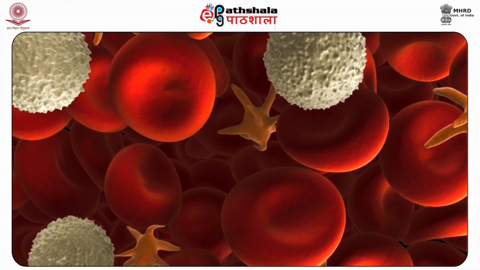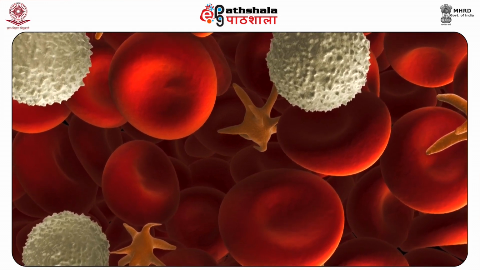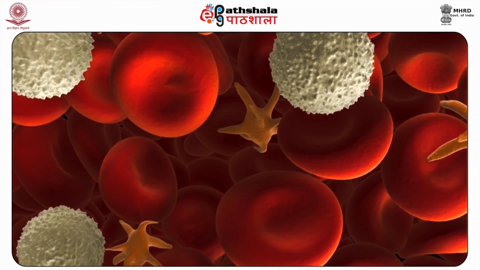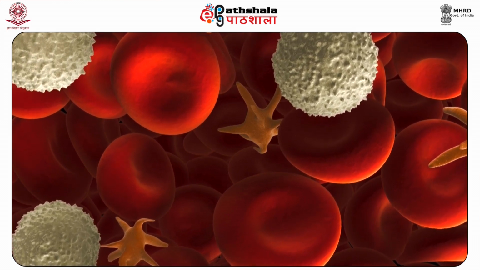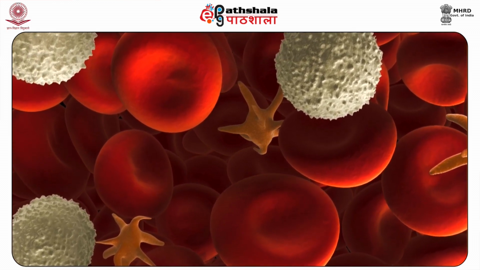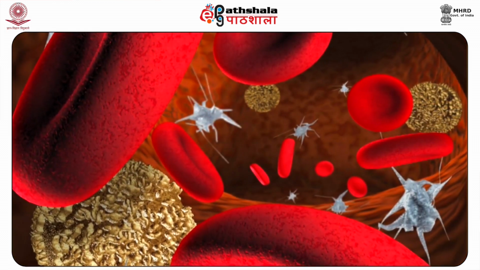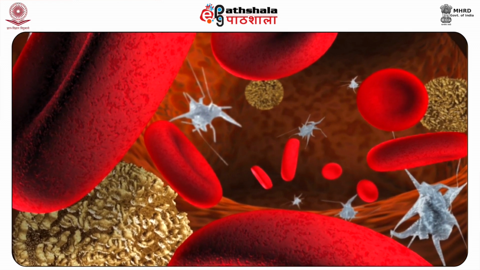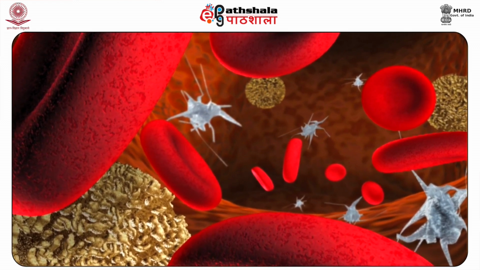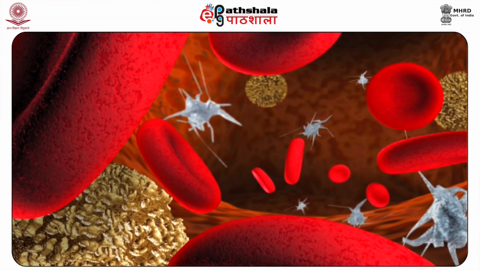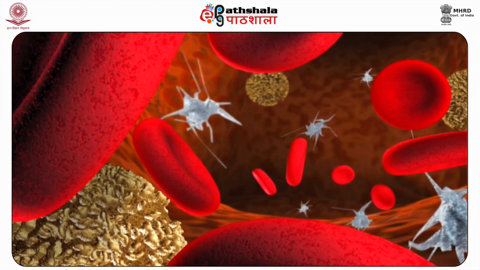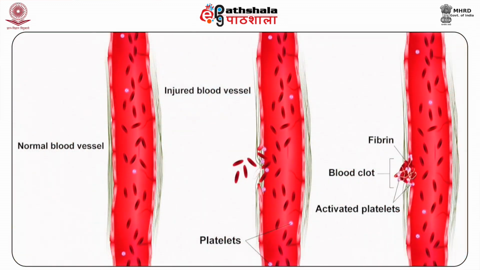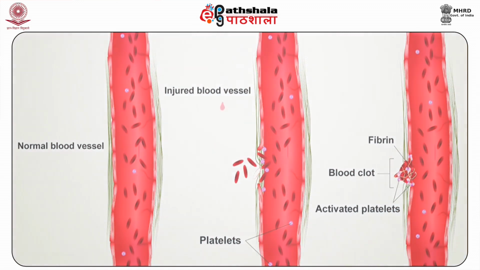WBCs contain DNA and therefore enable a highly useful forensic DNA examination of blood samples. Platelets are responsible for starting the clotting process, which involves several factors and finally ends in the formation of a fibrin polymer which appears as a clot.